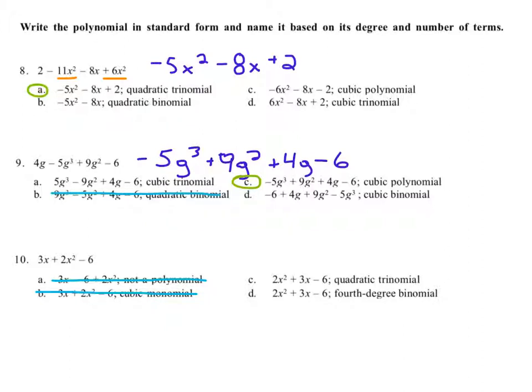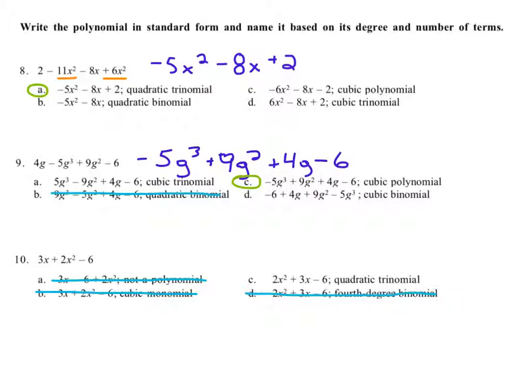Well, do we see a term raised to the 4th power? No, we don't. It's not 4th degree. Do we see only 2 terms making it a binomial? No, we see 3 terms. So it's a trinomial. So it's not a 4th degree binomial at all. So that also can't be. So already we've eliminated all of the answers that don't even agree with themselves, leaving us with C.